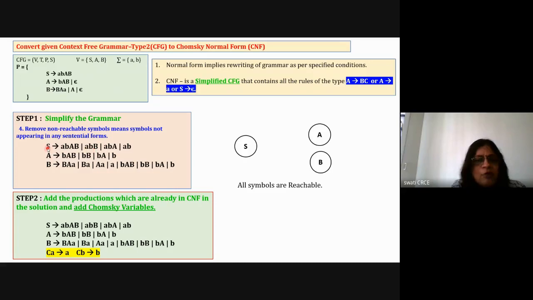This rule tells that from S you can reach B, or a capital A will tell you that capital A is reachable from capital S. So here with the rule AB capital B, I'm saying B is reachable from S, and with the rule AB capital A, I'm saying A is reachable from S, or even with this rule also we can say. So both the symbols are reachable. So my grammar is not going to change. So this is the input to the next step.